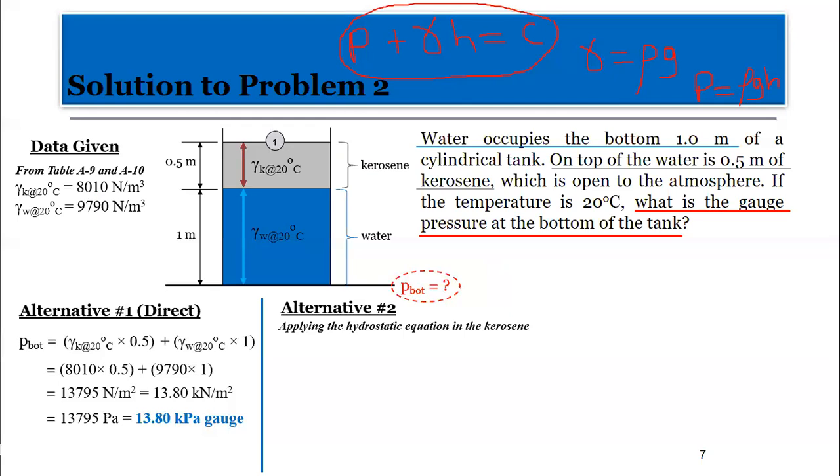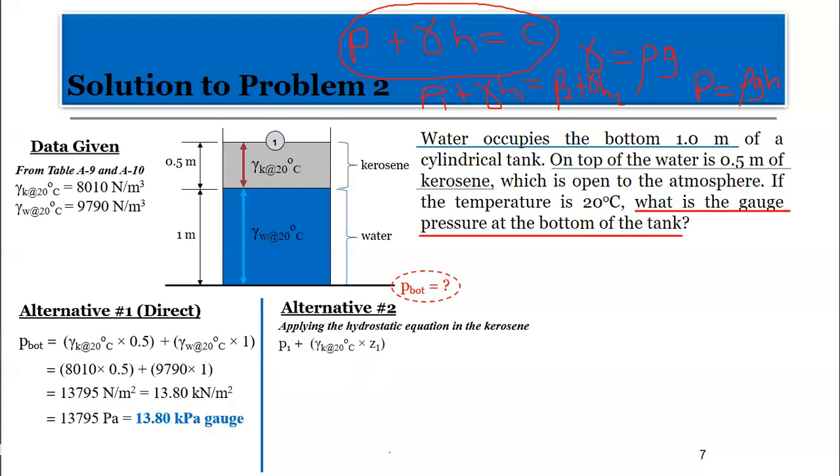So basically, this is saying that P1 plus gamma H1, remember, if you go through your notes, you know we've talked about this, is equal to P2 plus gamma H2, okay? All right, so that's what we are dealing with now.